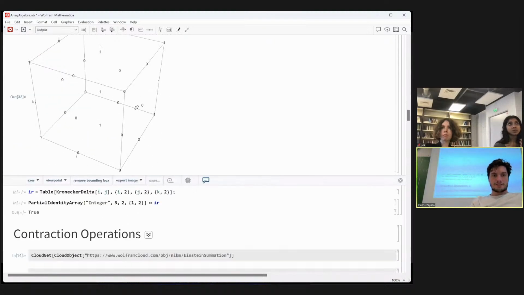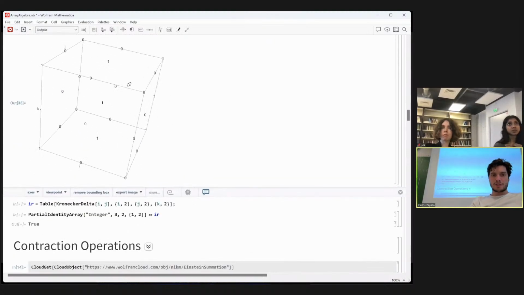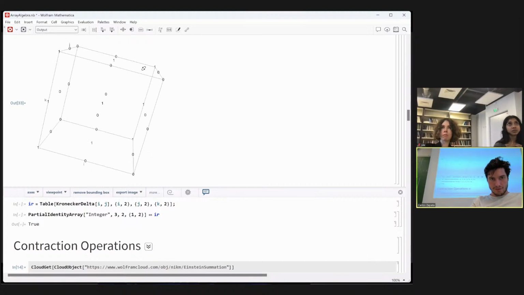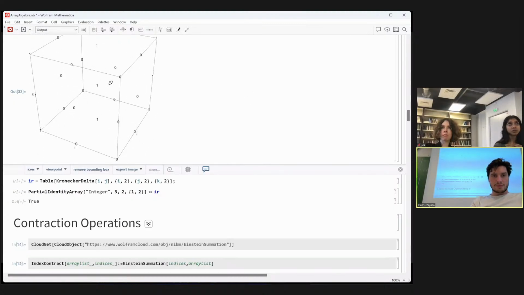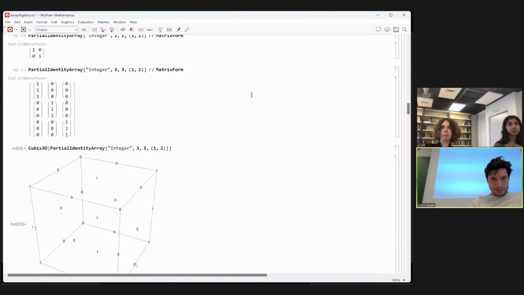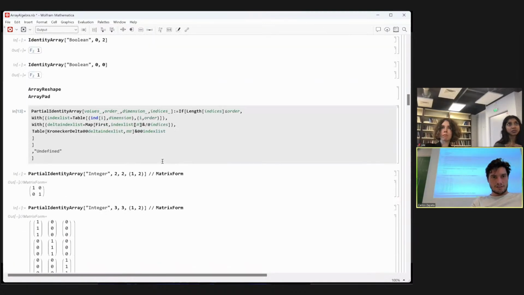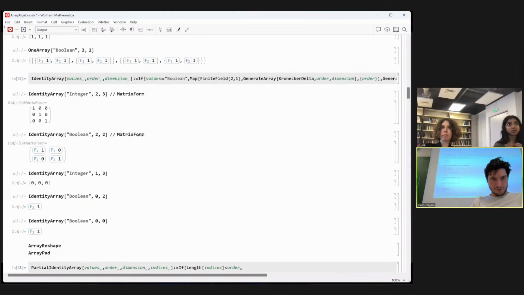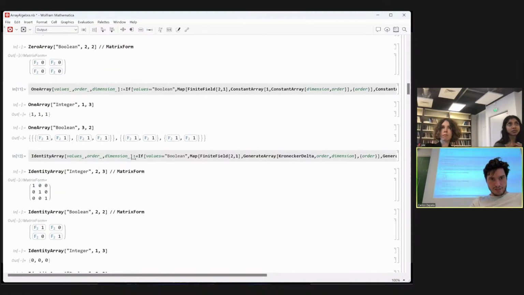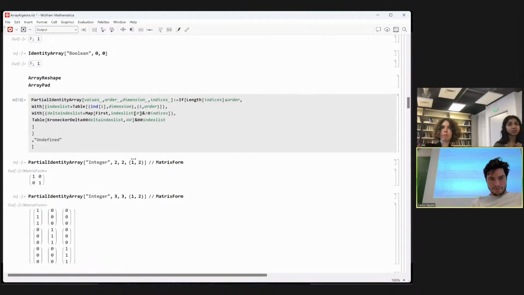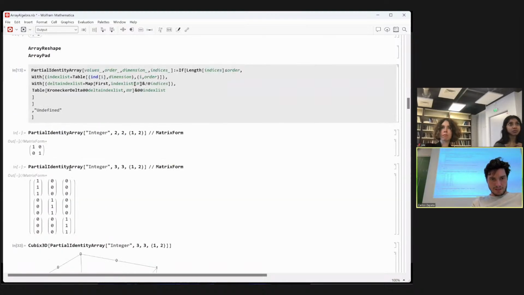It looks like that. So it's a cube, and if you look closely, it's a bit weird, but oh, it's not quite right. Oh no, this is a partial identity. Sorry, this is not the full identity. So this is the identity.